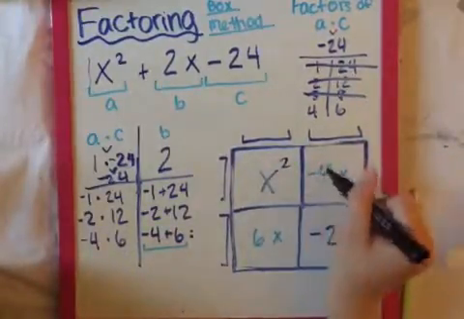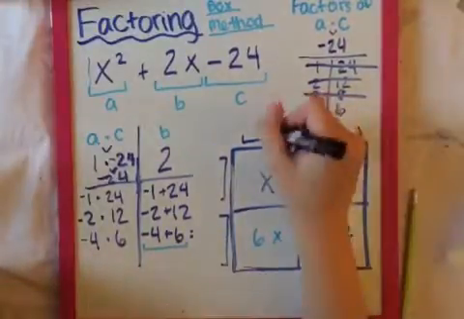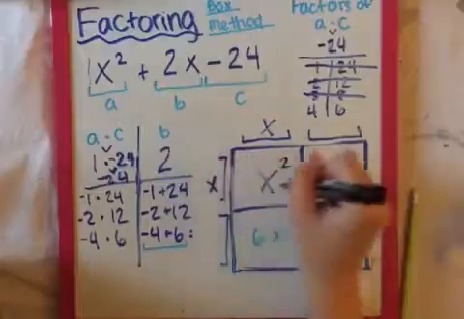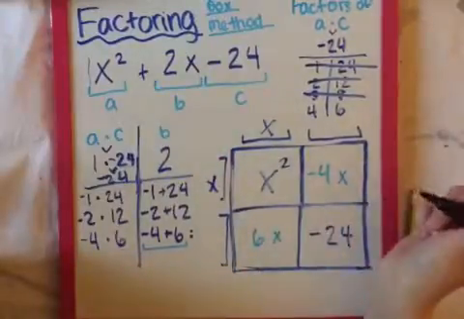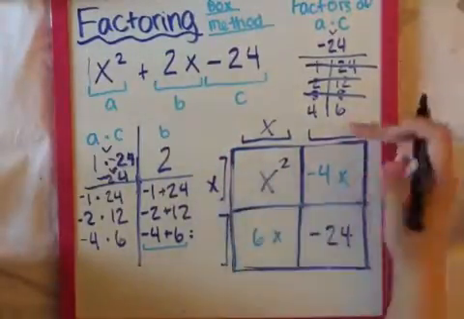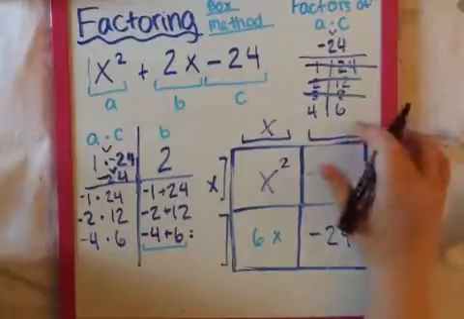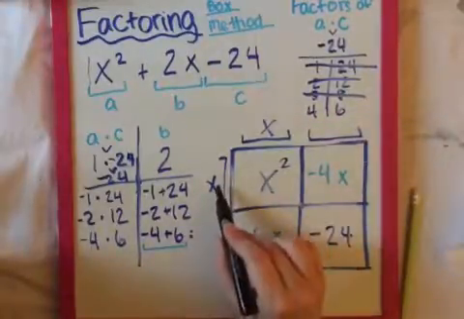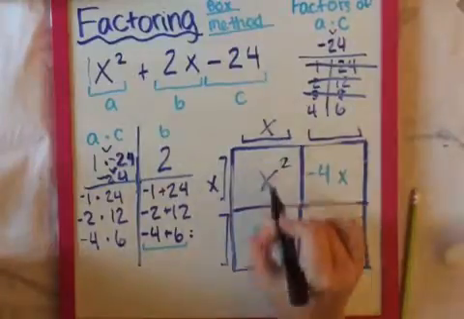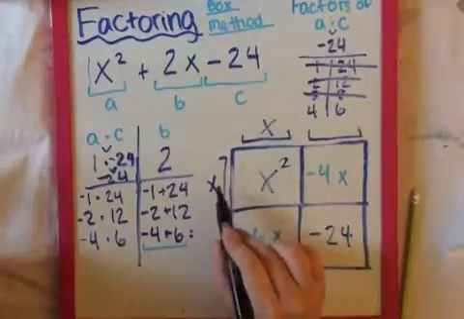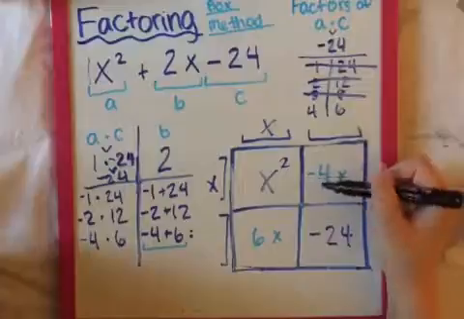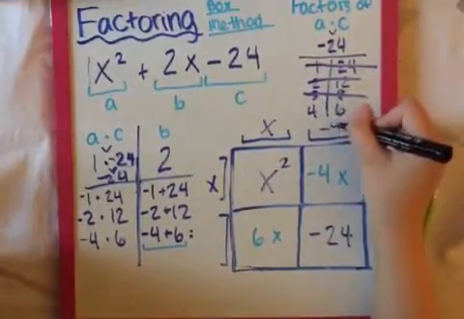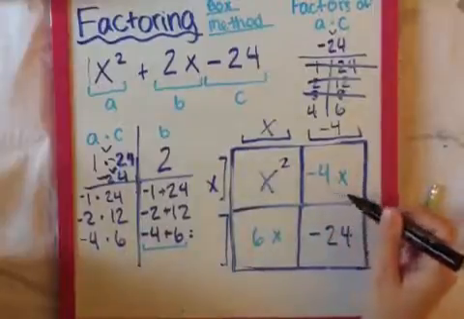Well, what times what equals x squared? That's x. So x times x equals x squared. Then we're going to go over to this open space and see, okay, x, because we already found this from doing that, and so x times what gives us negative 4x? Well, x times negative 4 gives us negative 4x.